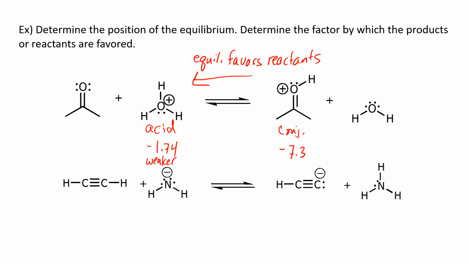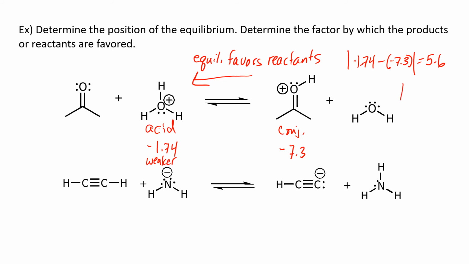Meaning at equilibrium, there's a higher concentration of reactants. And if we want to determine the factor by which the reactants are favored over the products, we just take the absolute value of the difference here, negative 1.74 minus our negative 7.3, and we get 5.56.